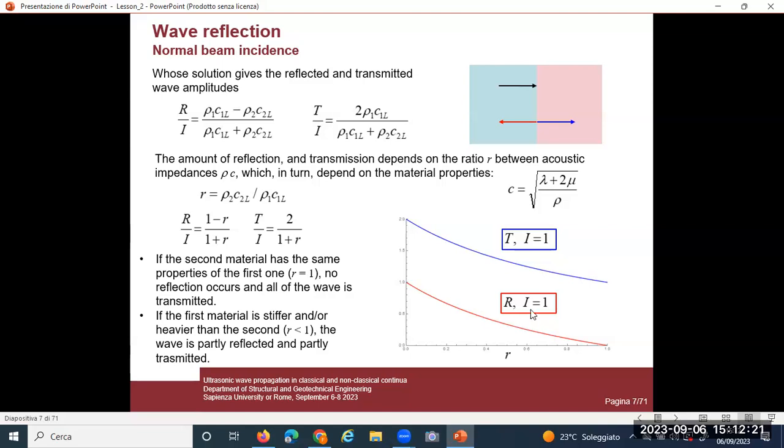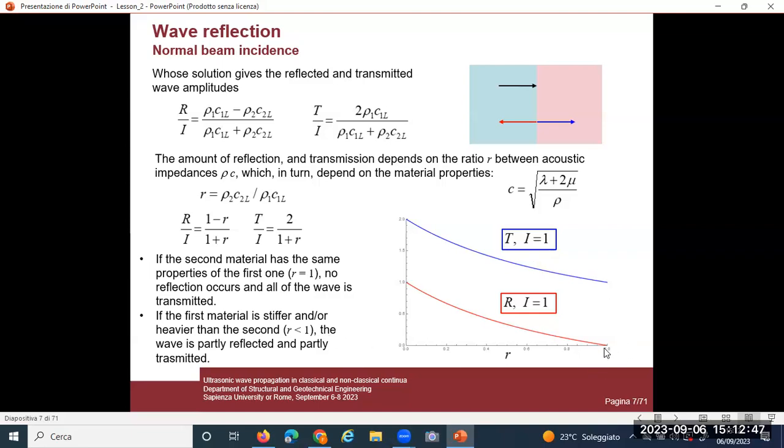So when the two materials have the same properties, basically the interface does not exist. And in fact, the result we obtained is correct because there is basically no reflection. R equal to 0 means no reflection. And the wave is totally transmitted. In fact, you see that T is actually equal to 1.